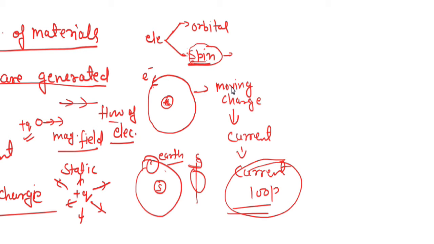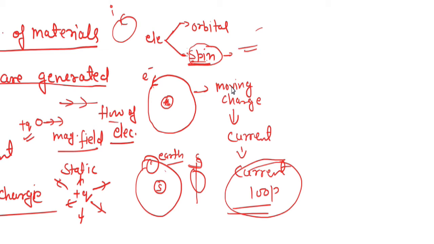As you know that if current is carried in any circular loop, it generates magnetic field. Similarly, if electron is moving in orbital motion, it is equivalent to a current loop, so it will also generate a magnetic field.